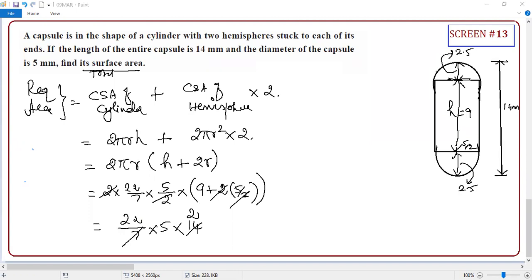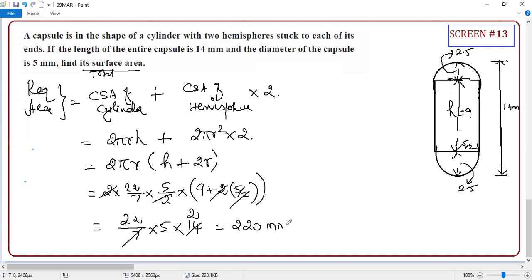Someone quickly tell me, student. Use calculator. Sir, 220 millimeter square. 220. Correct or not? 2 into 5 into this is 220. 220 millimeters.